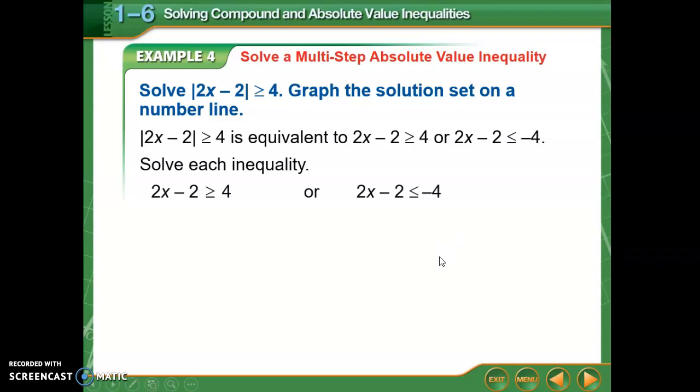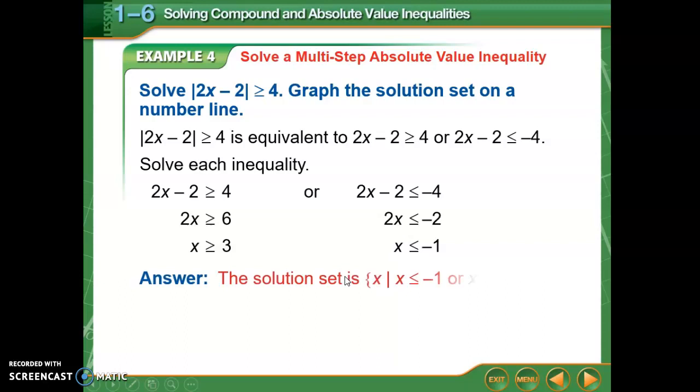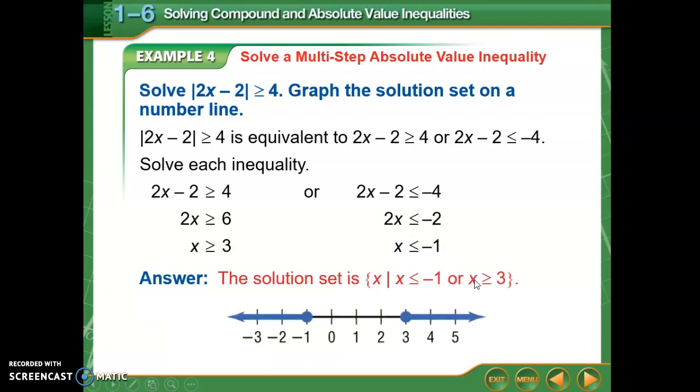Then solve each inequality. Add 2 both sides, so you will get x ≥ 3. And then this one, add 2 both sides, divide by 2, so x ≤ -1. So that is your final answer.